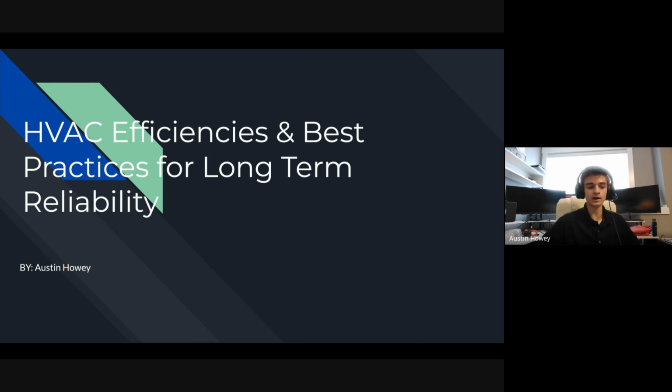If you can dissipate the heat off the heat sinks on your miners more effectively with your HVAC system, long term your miner is going to perform better for longer periods of time because it's not stressing out the internal components of the miner itself.